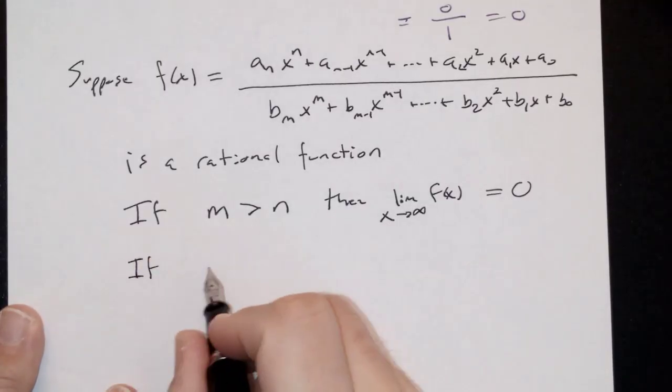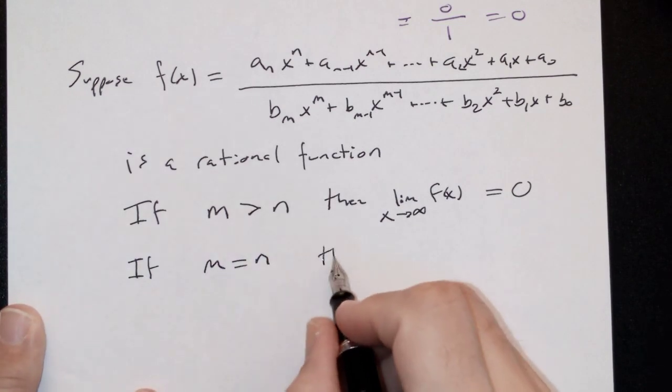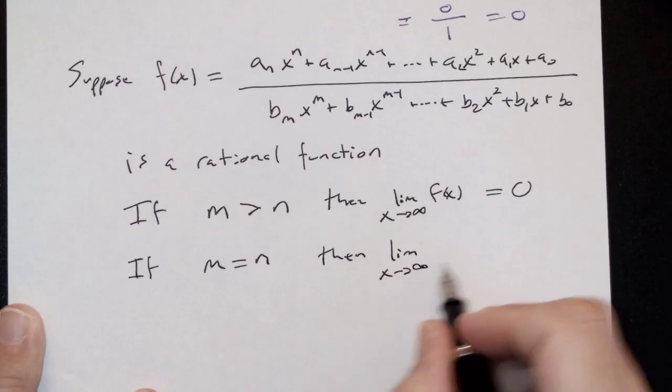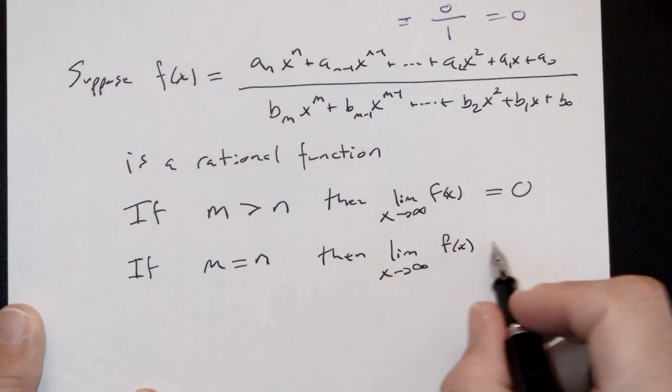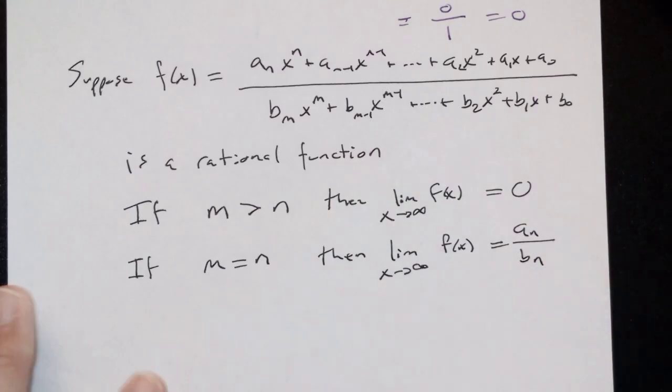If they're the same, then the limit as x goes to infinity of f of x will be an over bn. Why did I change that from an m to an n? Because they're the same.